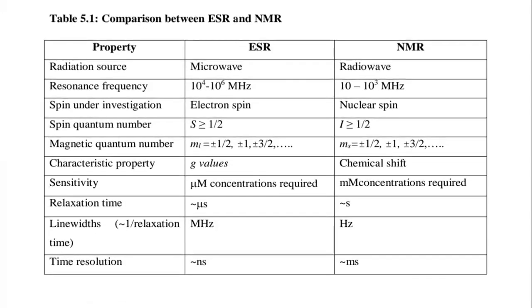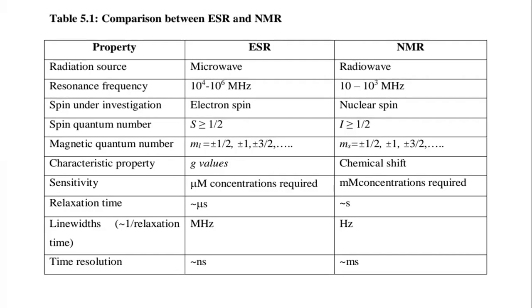So here is a comparative chart which shows the comparison of properties between ESR and NMR spectroscopy. The radiation source in ESR is microwave, whereas in NMR it is radio wave. The resonance frequency for ESR is 10⁴ to 10⁶ megahertz, whereas for NMR it is 10 to 10³ megahertz.